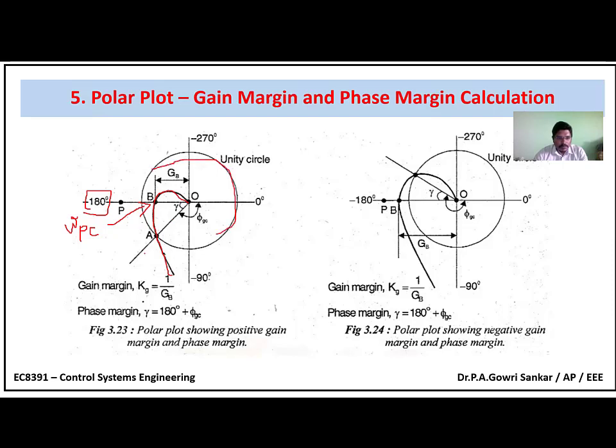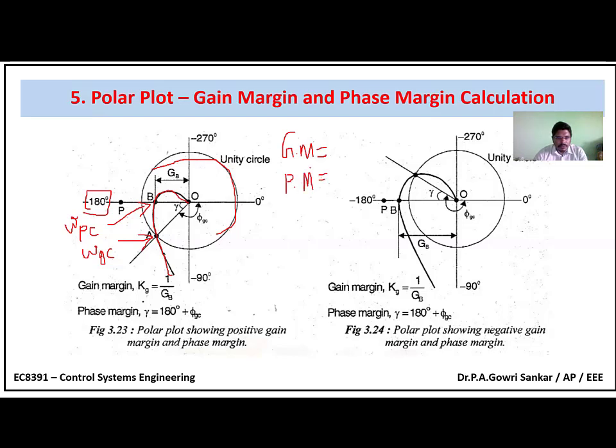We have to draw the unity circle manually. Your curve crosses this unity circle at a point. At that time the frequency is called the gain crossover frequency. As I told you earlier, to calculate gain margin you need the phase crossover frequency, and to calculate phase margin you need the gain crossover frequency.